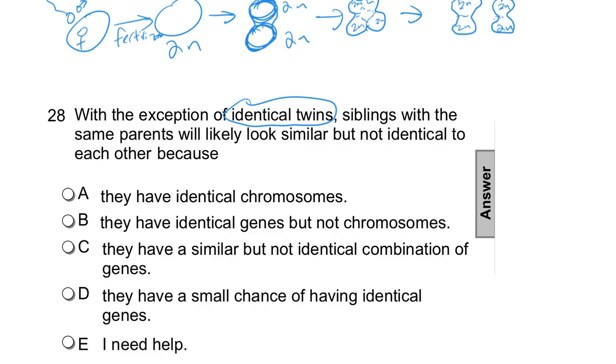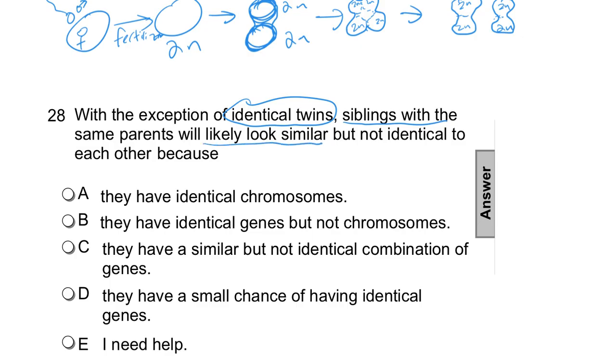So you have different eggs and sperm. You have a different combination of versions of the genes in each sex cell that's produced. So we're talking about normal brothers and sisters, not twins or fraternal twins.